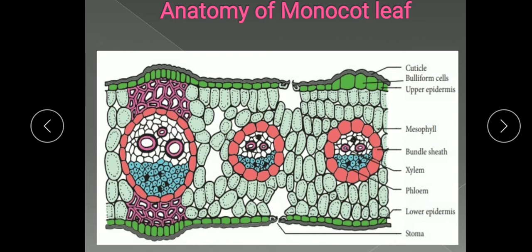Like in stem and root we have studied only one epidermis, but here there are two epidermis, upper epidermis and lower epidermis, and the cells of the epidermis on both sides are covered with the cuticle, and the cuticle is thicker on the upper surface. Upper surface is known as the adaxial or the ventral surface, and the lower surface is known as the abaxial or the dorsal surface.